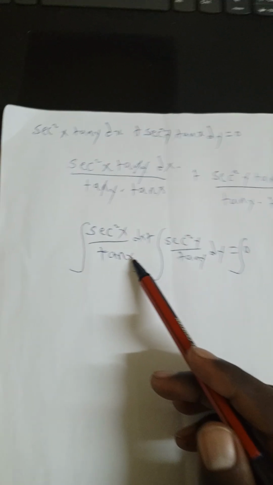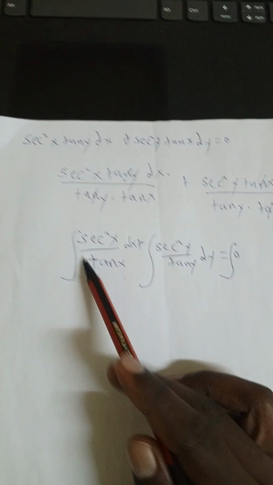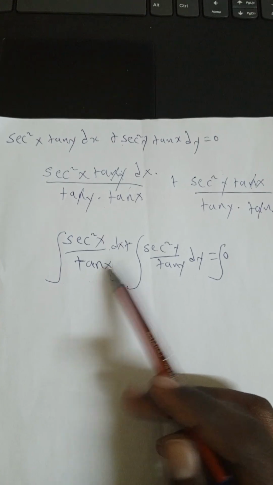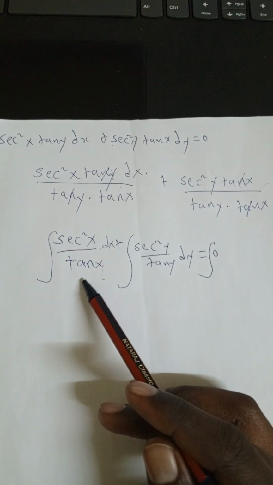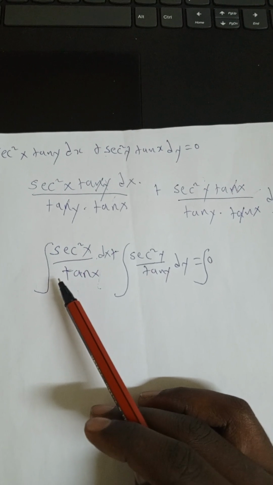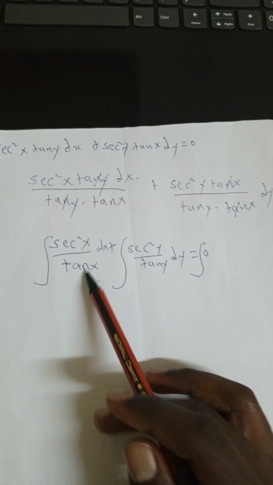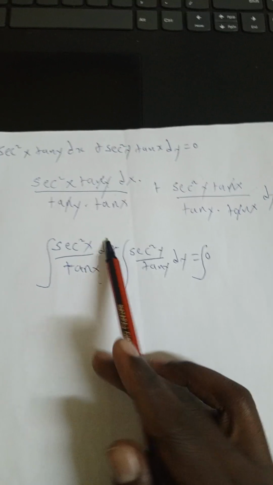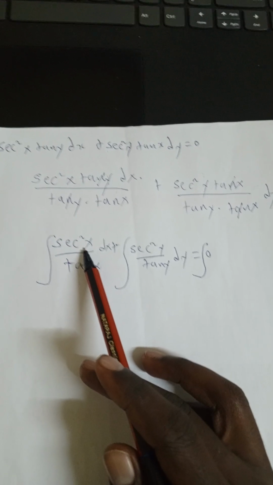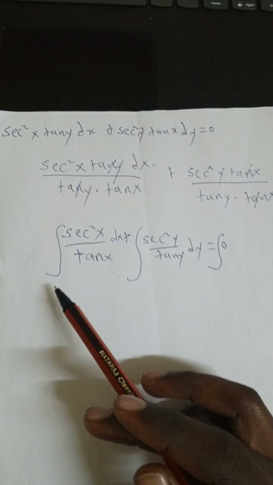The first thing first, we can try to ask ourselves, can we use u sub here? We can try, because you have to make sure that if your denominator you can turn into your numerator, then you can know that you can use u sub, because it will cancel.